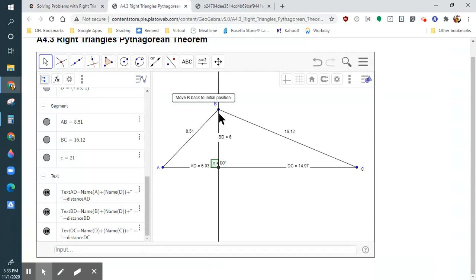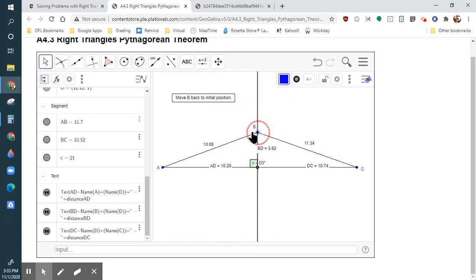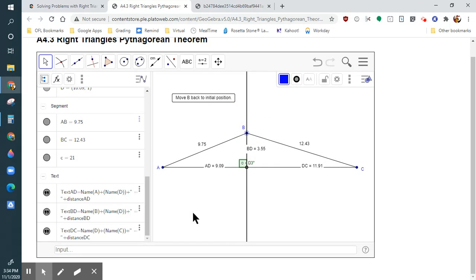All right, so let's move these again. Move. And it is really hard to grab that B, it looks like. All right, so let's move this again. And now time to record the new measurements.